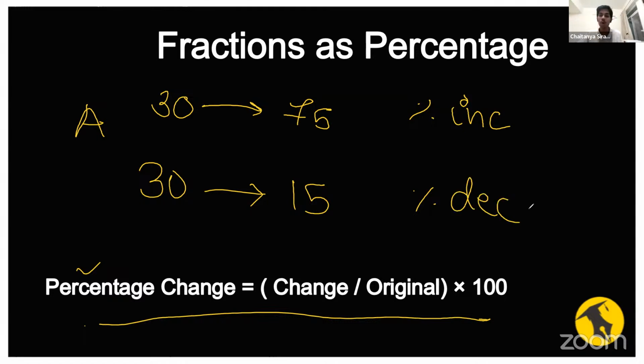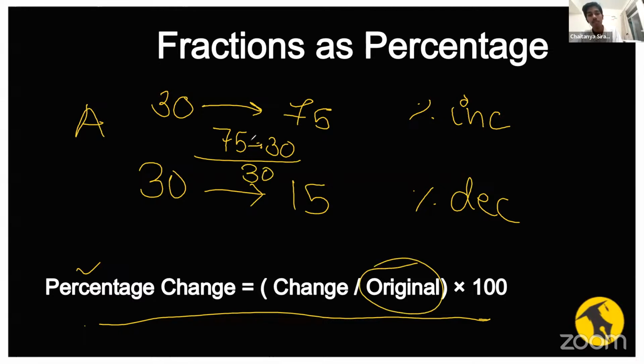If somebody asks how much percent is the increase in the first case, it would be 75 minus 30 upon the initial or original. Originally he had 30. So this will be 45 upon 30, which is nothing but 150%.